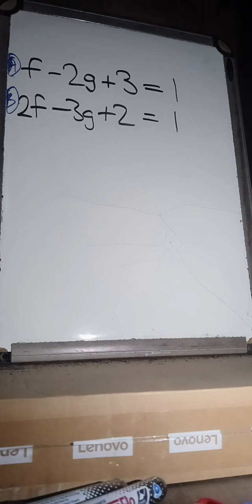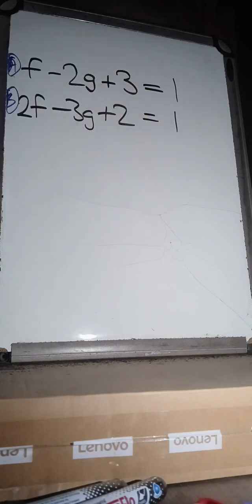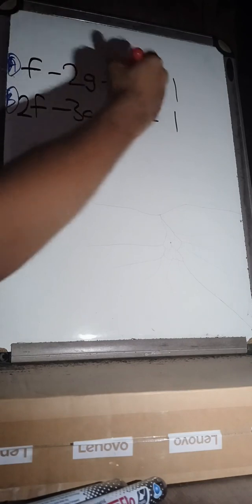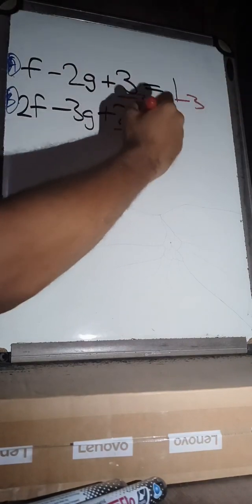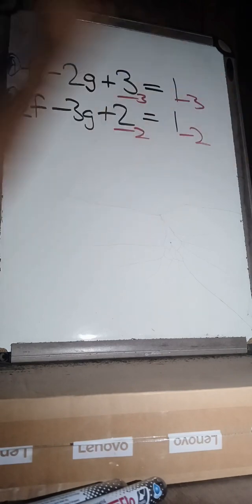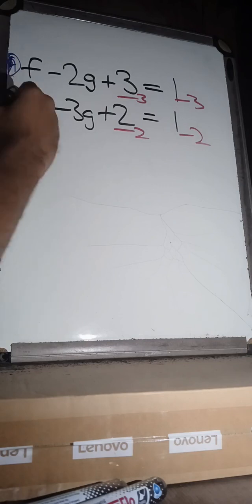Okay. Naturally you want the letters on this side, the numbers on that side. So what you would want to do is minus 3 from this, minus 3 from this, minus 2 from this, minus 2 from that. Alright, so let's start with that.